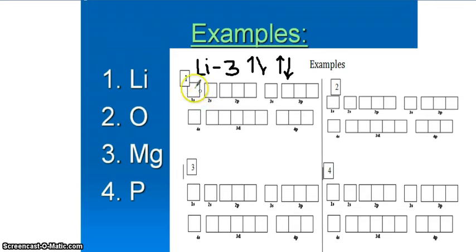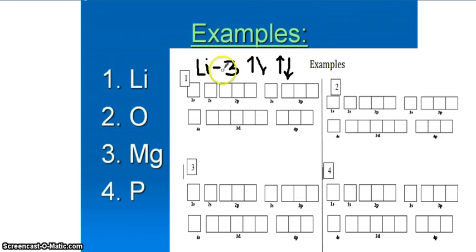In each box we're going to put up to 2 electrons. When they're in the same subshell, they spin in opposite directions when they're paired up. That's why one of our arrows will be facing up and one down. It really does not matter which one you put up or down. I typically, out of habit, draw my first one up and my second one down, but if you want to draw them the opposite way, that will also be correct.